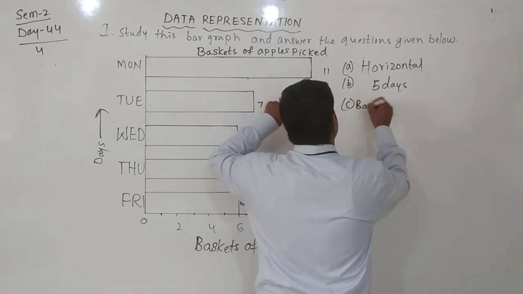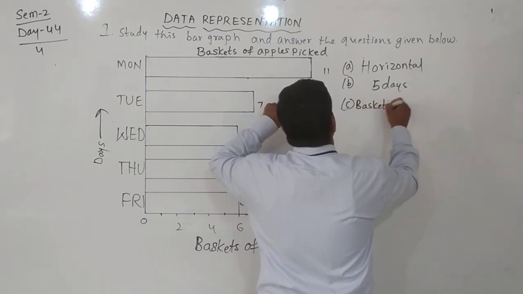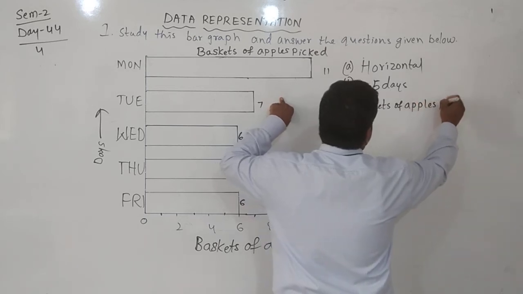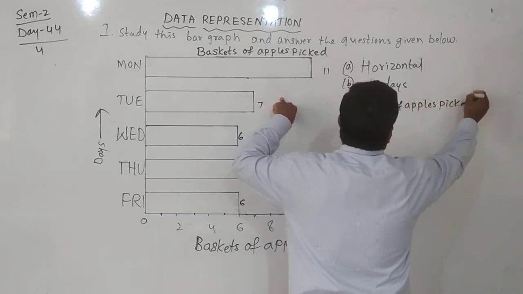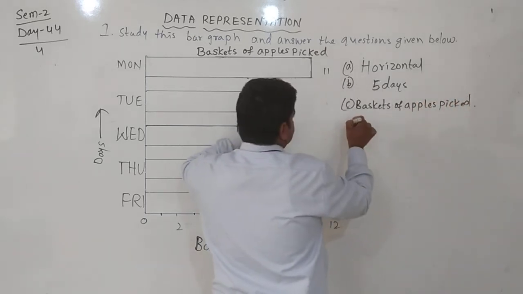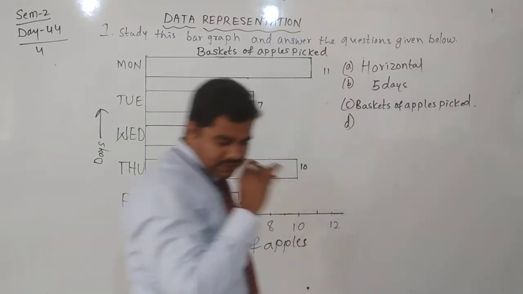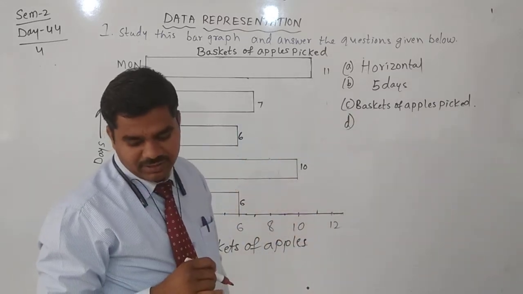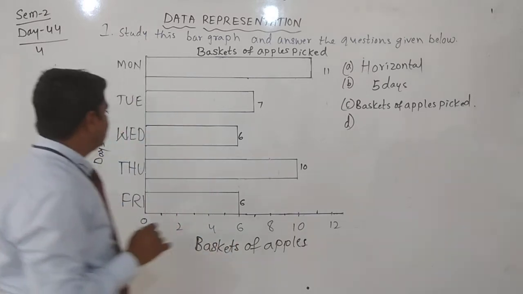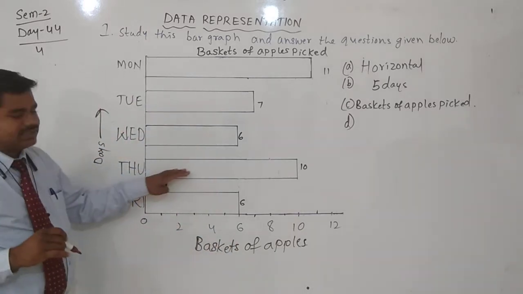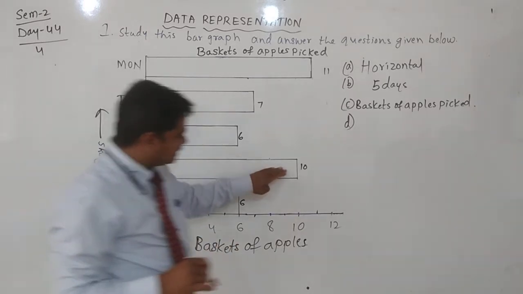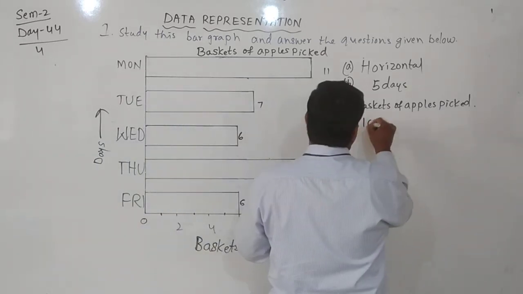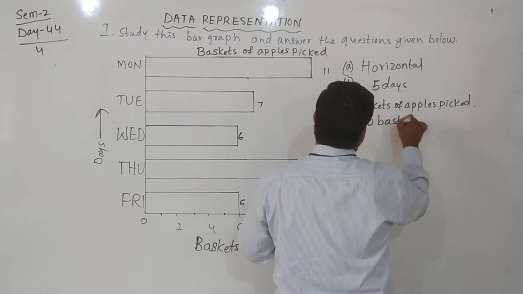Right title: Baskets of Apples Picked. D question: how many baskets of apples were picked on Thursday? Here we can write 10 baskets.